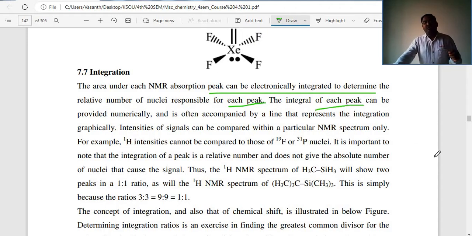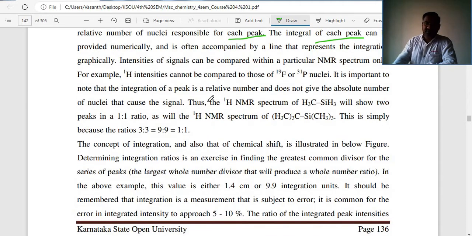The integral of each peak can be provided numerically and is often accompanied by a line that represents the integration graphically. Intensities of signals can be compared within a particular NMR spectrum only.